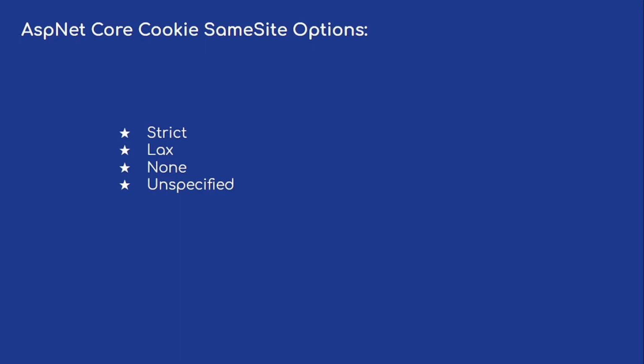As per .NET Core, there are four options: strict, lax, none, and unspecified. We are going to check them live with a .NET Core application, to see how they behave when we specify each of them.